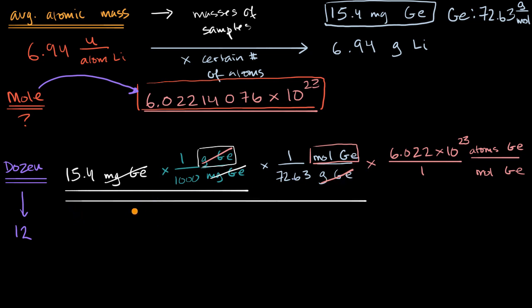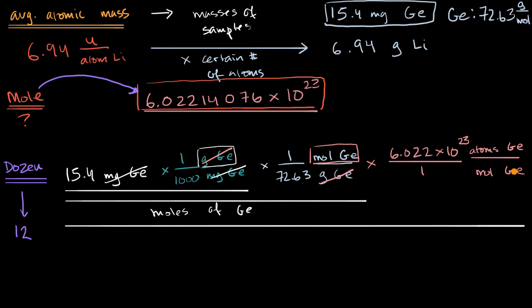This right over here tells you your moles of germanium. And then if you take your moles and multiply it by Avogadro's number, it tells you how many atoms of germanium we have. And that makes sense. If I told you I had a certain number of dozen of eggs, if I wanted to know how many eggs that is, I would multiply by 12. So this whole expression is the number of atoms of germanium.